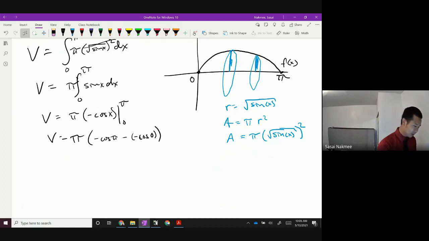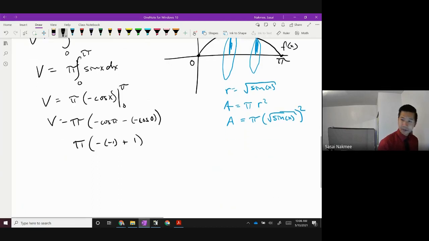Right? I think so. So we have here pi times -1. This becomes plus cosine of 0. Cosine of 0 is 1, I believe. So the volume is going to equal pi times 1 plus 1, which is 2. In other words, the volume for this shape is equal to 2 pi.